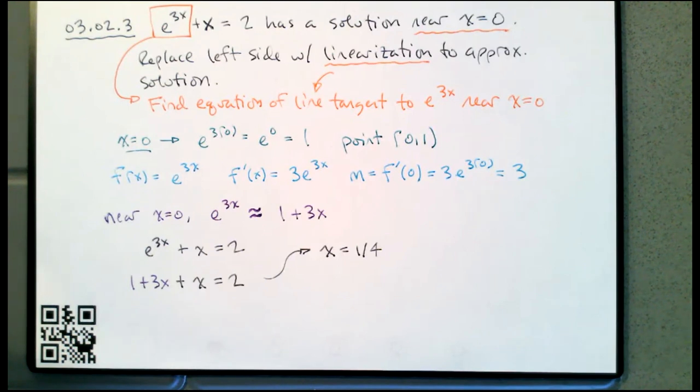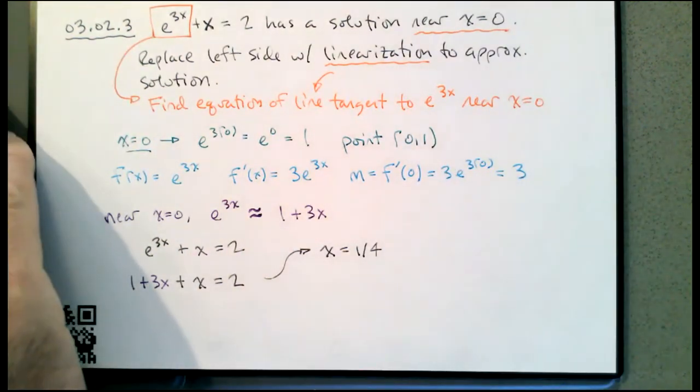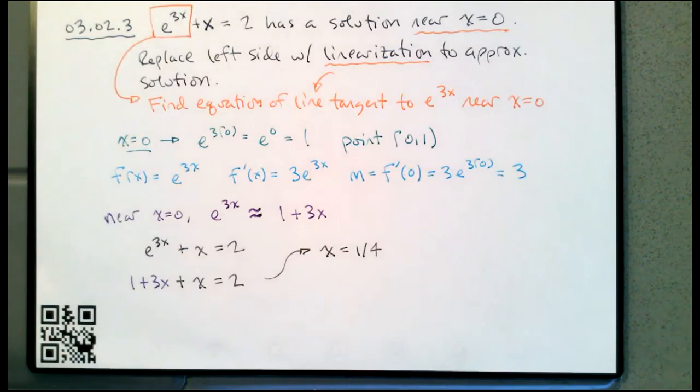Where is the 1 coming from? 1 comes from the point (0, 1). And then the 3x is the 3, and then you put the x, like a formula, y equals mx plus b. So the 3 is the slope. And then could you repeat the second line after that, e to the 3x plus x?